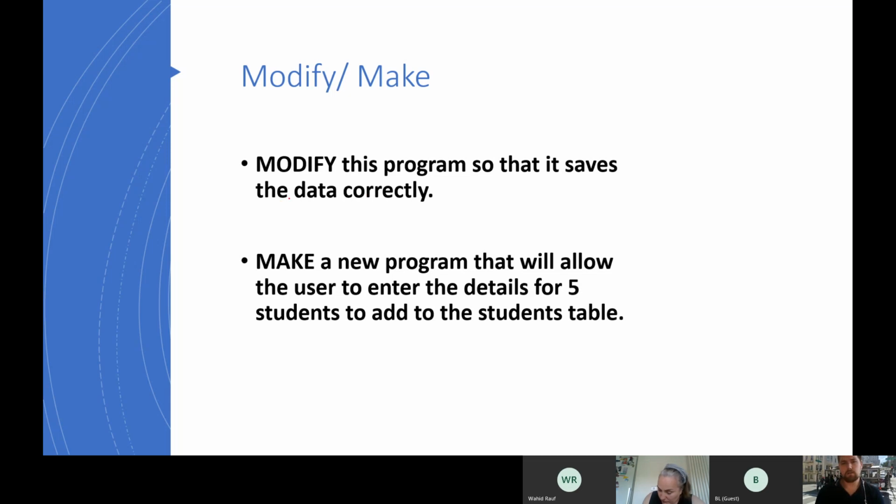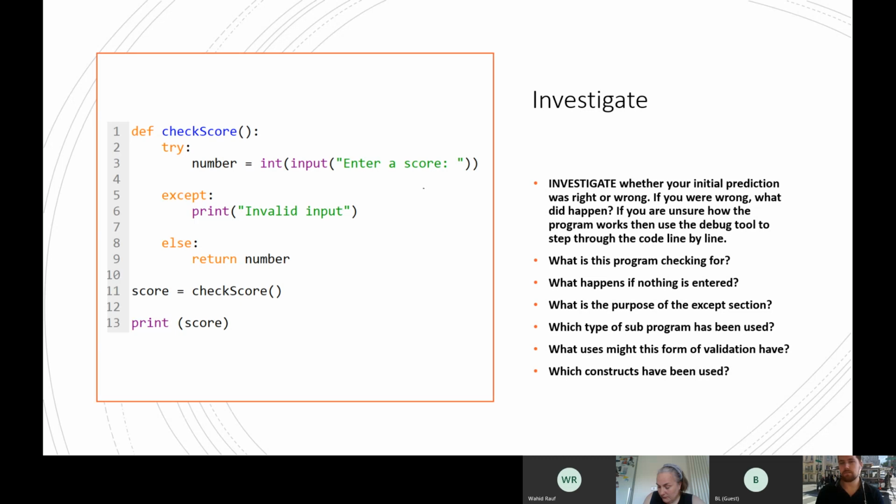I've forgotten to copy the right bits over. So the modify part in here would be the bit where I'm trying to get it to repeat if there's a mistake. So when it's invalid, it can then just repeat it. Because I've got them using this function, they just call check score again.